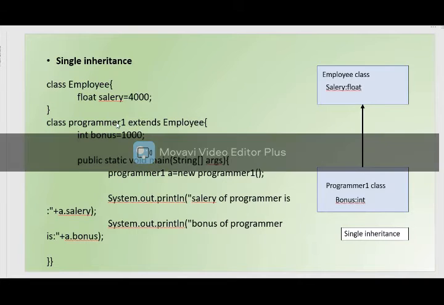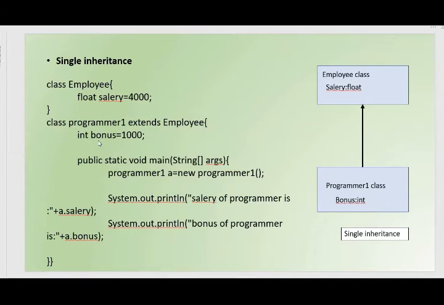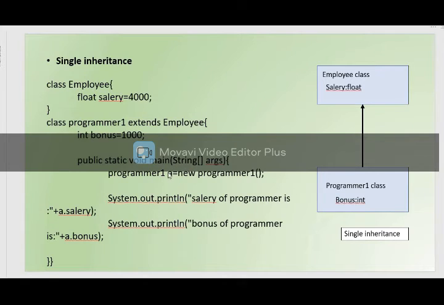The Programmer1 class gets the attributes of the Employee class because Employee is the parent class. Inside the Programmer1 class there is only one attribute, the bonus variable, and after that the public static void main method.